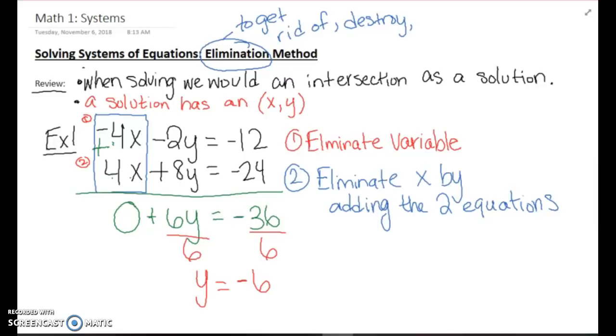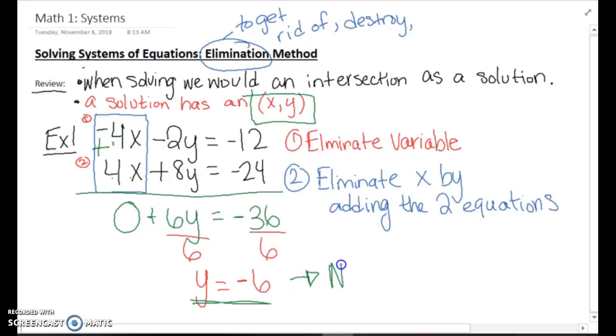Y equals negative 6 is only half my answer because every answer has an x and has a y. We have found y. Now we need to find x. So I'm going to draw an arrow. Need to find x.